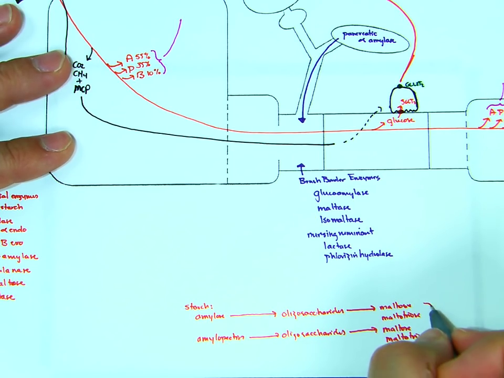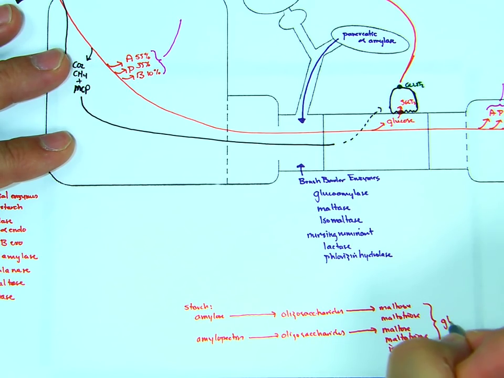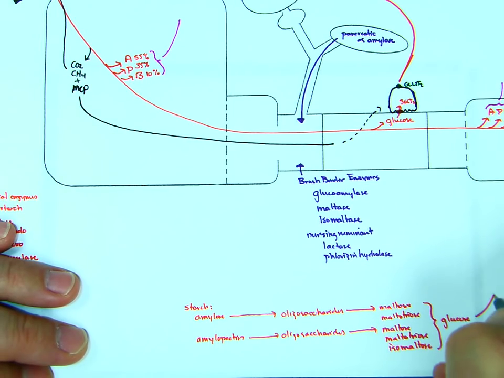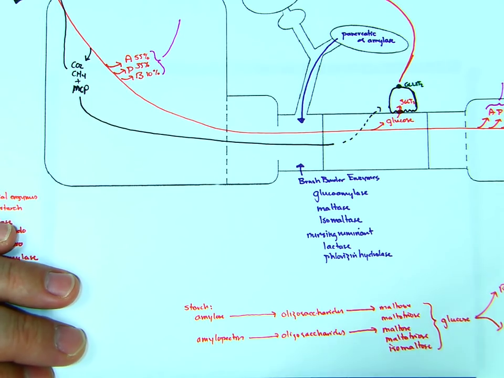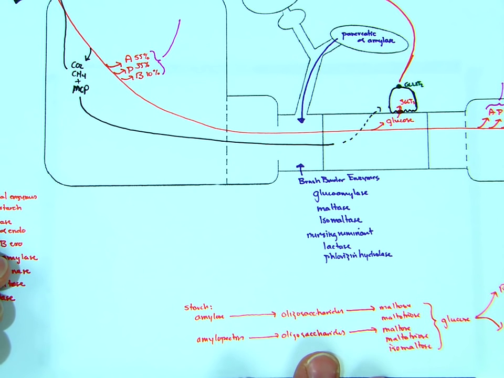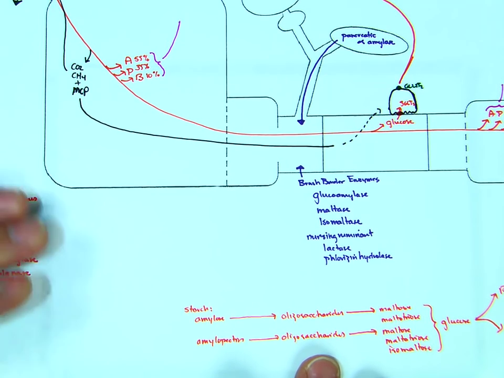All of these become glucose, and in the rumen and large intestine we have fermentation, and that produces acetate, propionate, and butyrate. And in the small intestine, we get to absorb glucose. Okay.